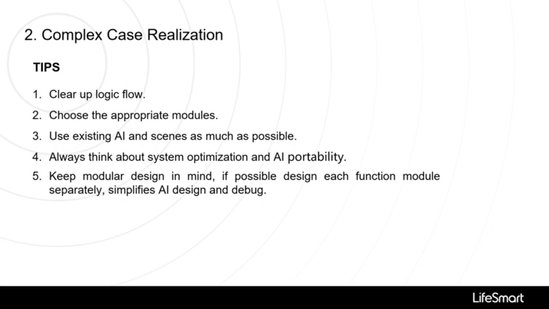So we use a status indicator in our case, which makes the living room status able to be used in both of these AI. This also makes the AI design very simple and easy.